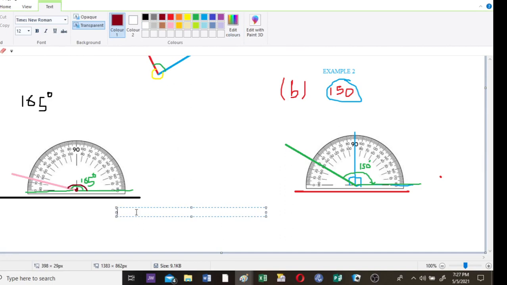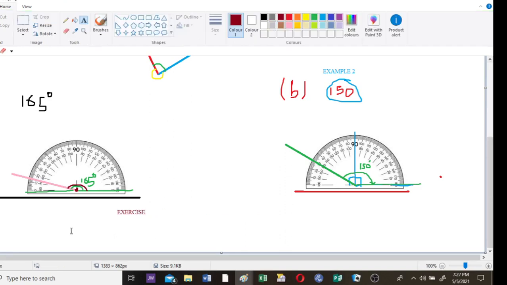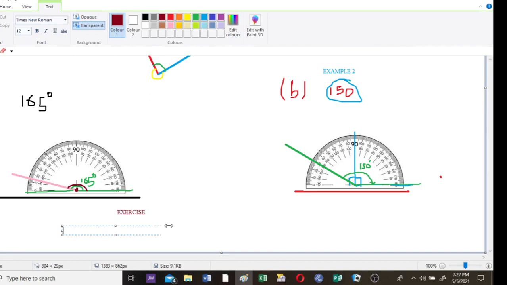I mean, this is your exercise. You are going to measure the following angles.